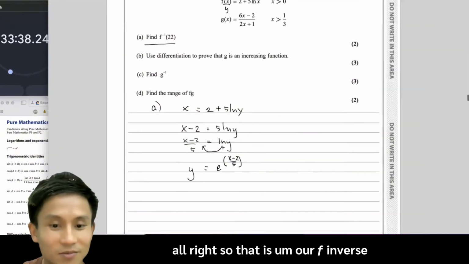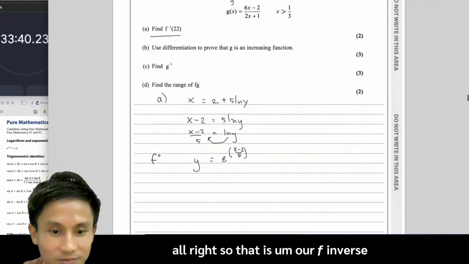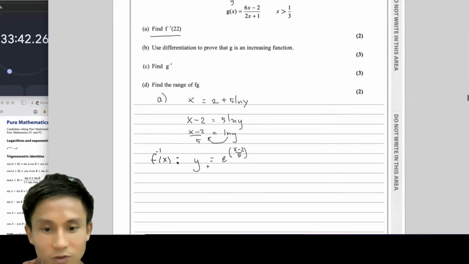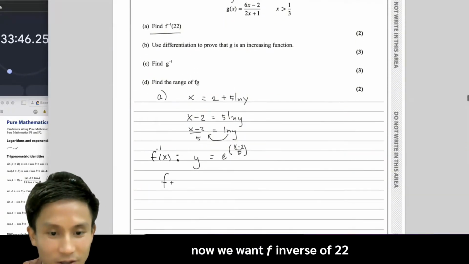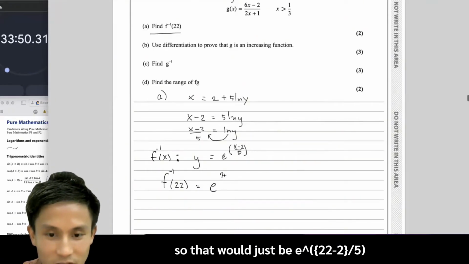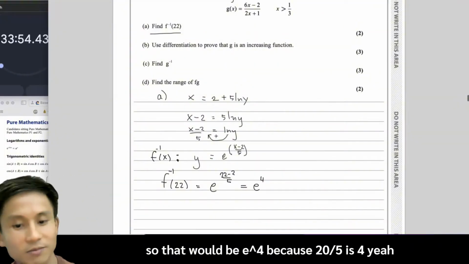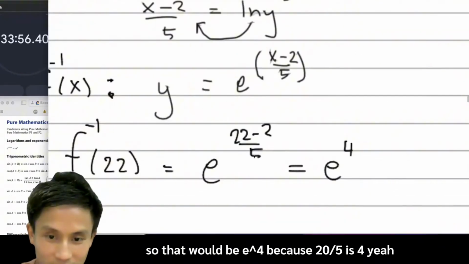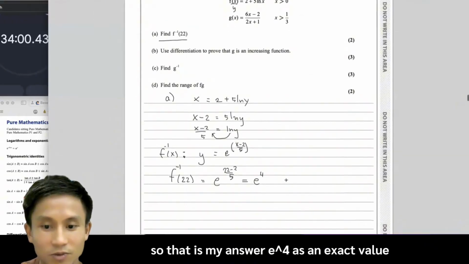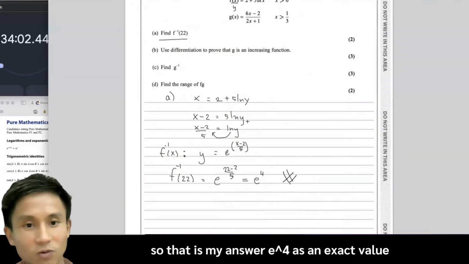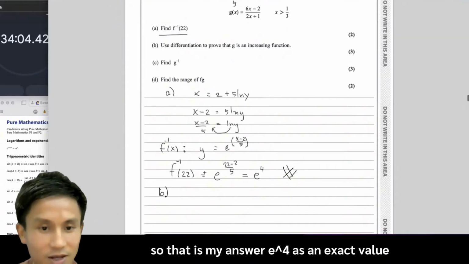So that is our F inverse, which is that function there. Now we want F inverse of 22. So that would just be e to the 22 minus 2 over 5. So that would be e to the 4 because 20 over 5 is 4. There you go. So that is my answer, e to the 4 as an exact value.